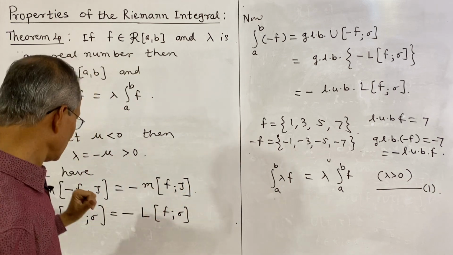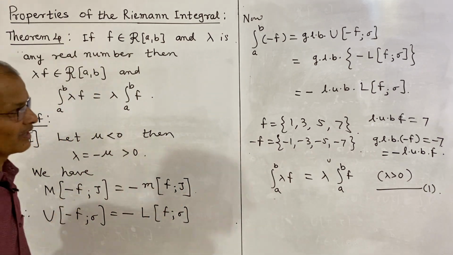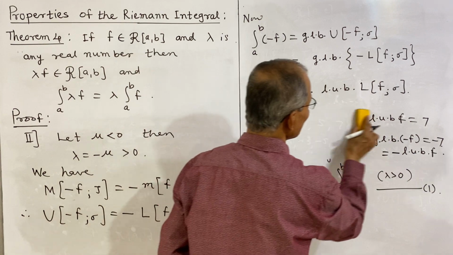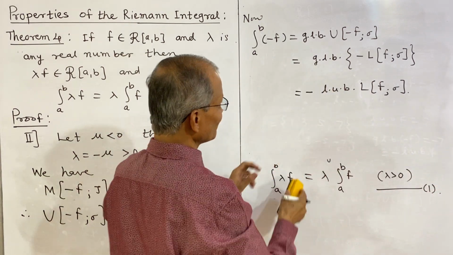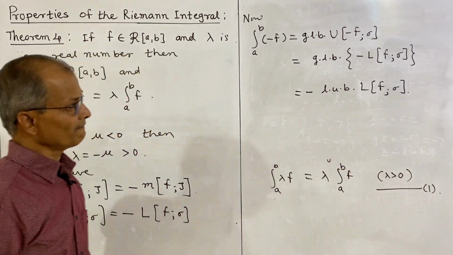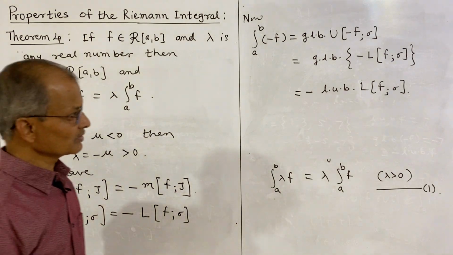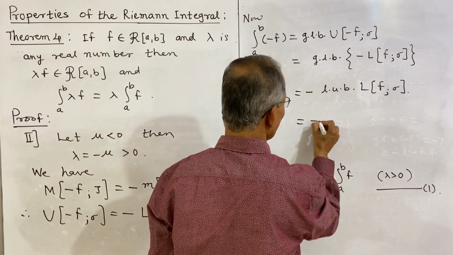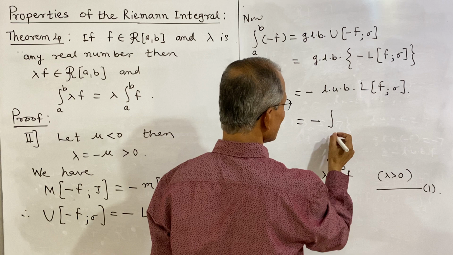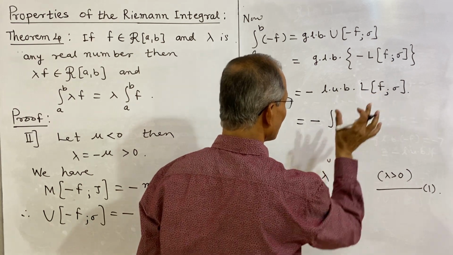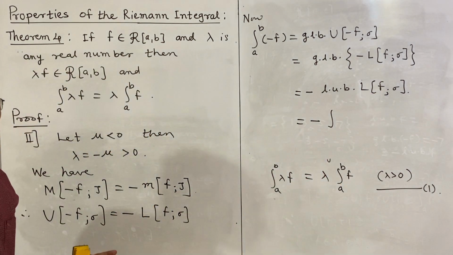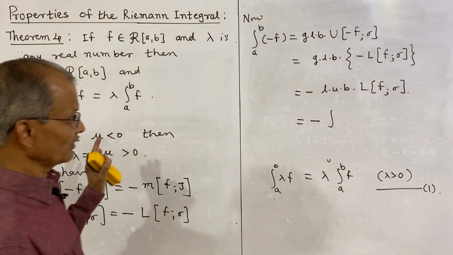Please note this in these results for negative values. Thus we have the negative of the LUB of the lower sum of f on sigma. The LUB of the lower sum is the lower integral on sigma, where sigma is the subdivision of a to b that we have considered.